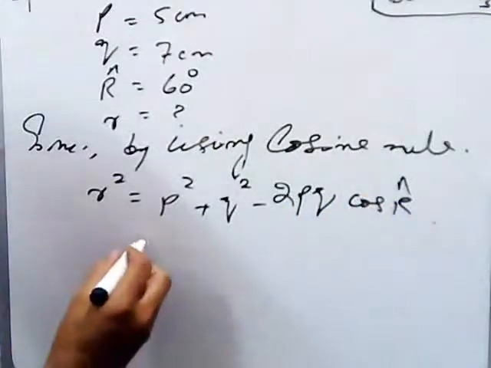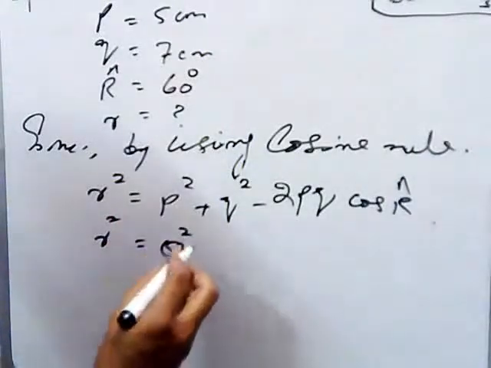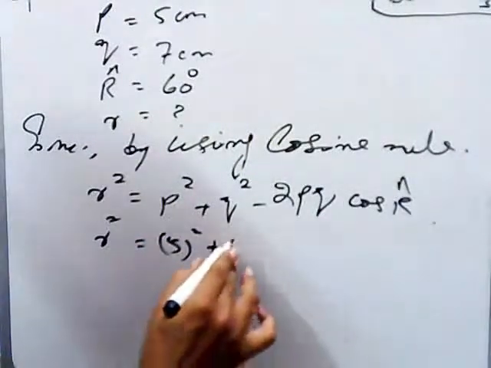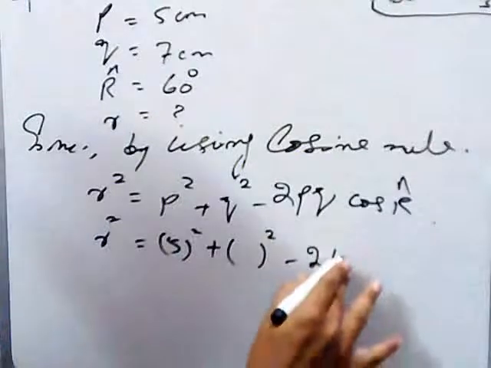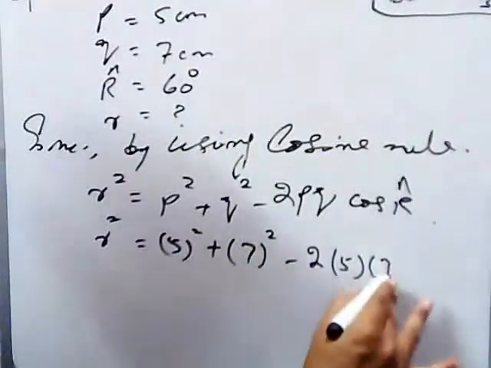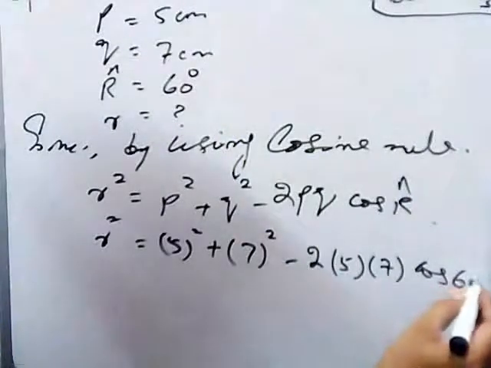So putting the values, the value of p is 5 square, and similarly the value of q is 7, 2pq, and cos R is 60 degrees.